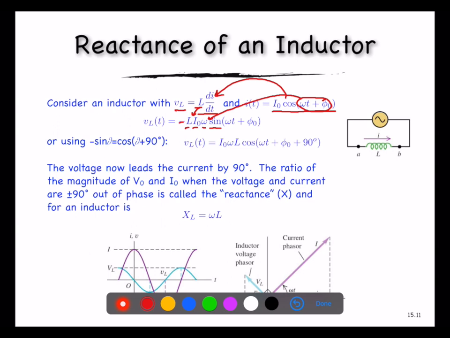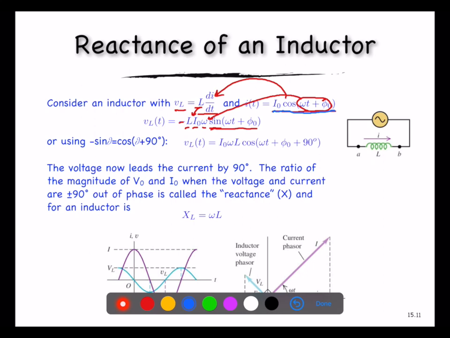So we get an expression for the voltage as a function of time, which is written as a sine wave. Our current was written as a cosine wave. So sines and cosines are very similar, right? They're both oscillations. If we plot them versus time, they both go up and down, but they're shifted by 90 degrees.